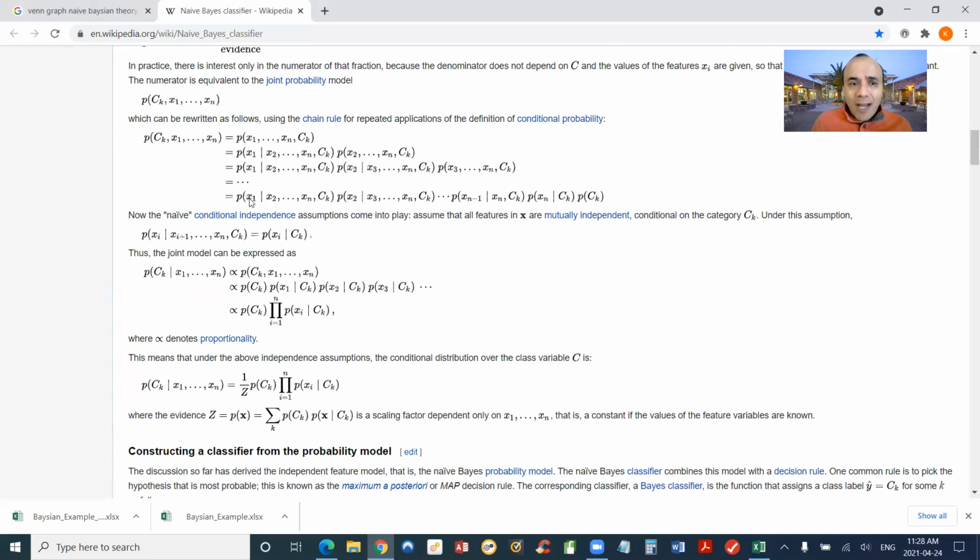Really, the presence of X1 has nothing to do with the presence of X2, X3, X4 up to Xn. That's the assumption. So I could potentially replace the whole thing with the multiplication of X1 given CK, X2 given CK, Xn minus 1 given CK, Xn given CK, and then P of CK.